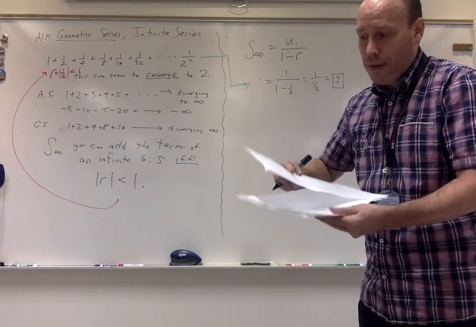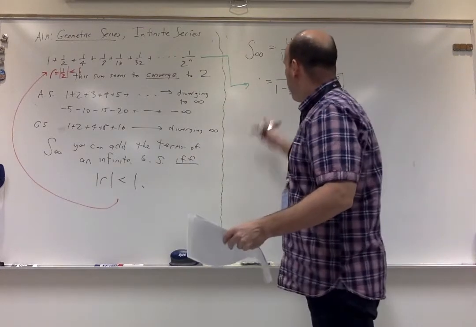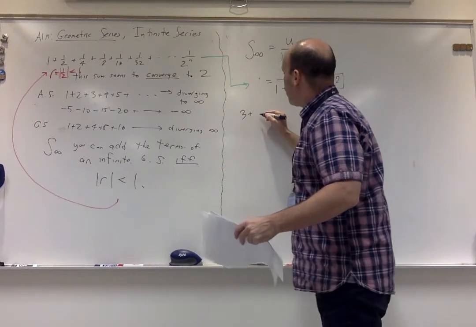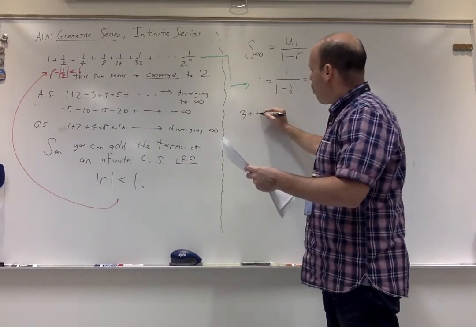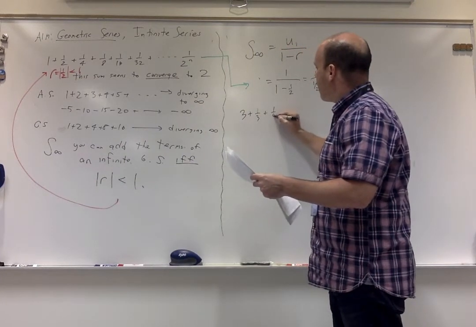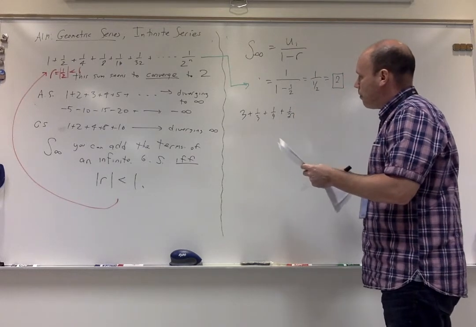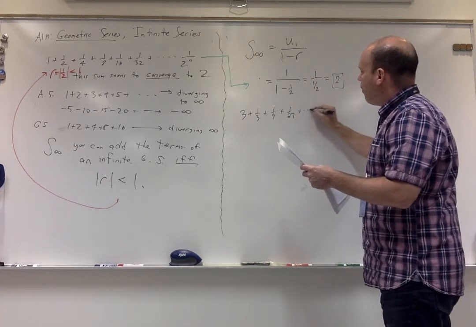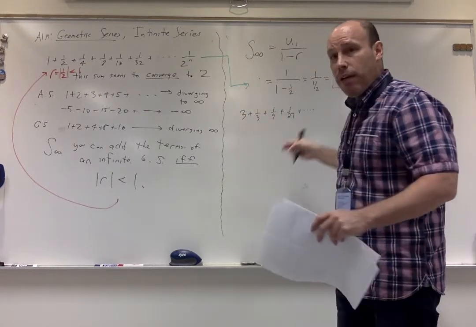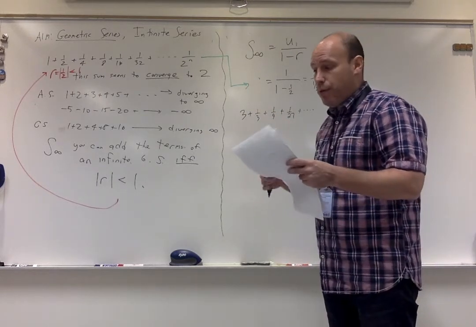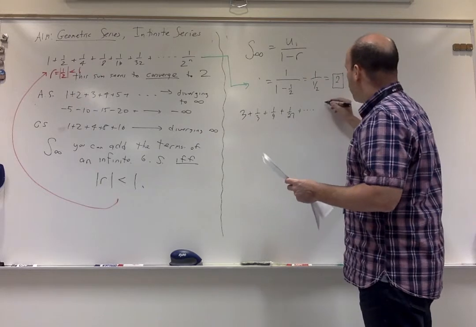Let's have some fun with this. How about 3 plus a third plus a ninth plus 1 over 27 to infinity? Can we add the infinity? What do you think? Is it possible?